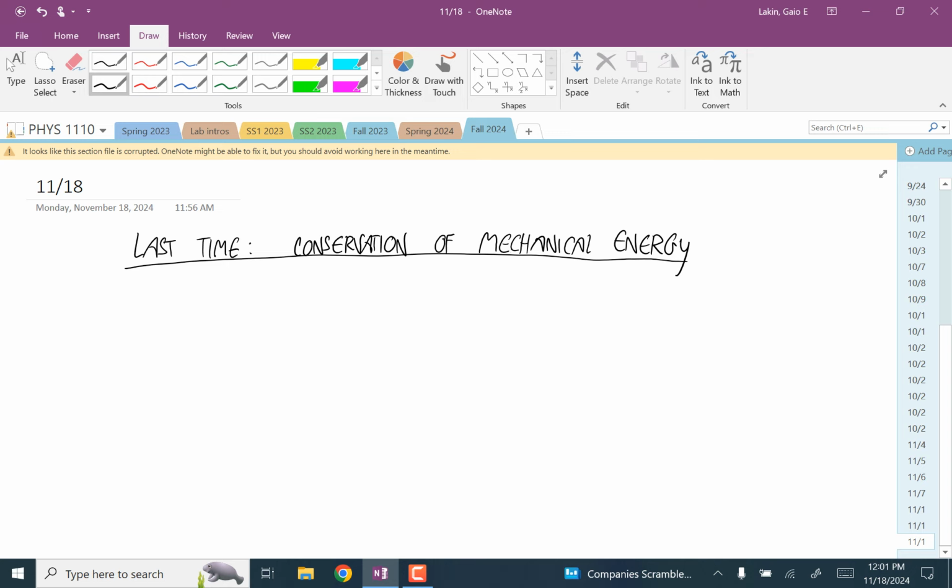And I defined two things. Kinetic energy, I called it uppercase T, and that's equal to 1/2 times the object's mass times its speed squared.